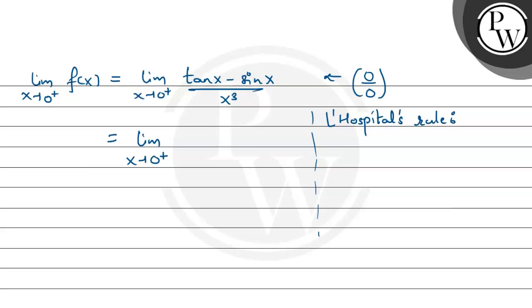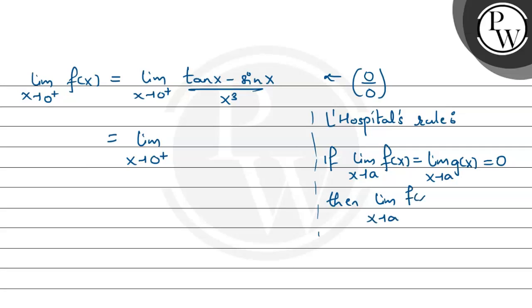L'Hopital's rule says that if limit as x goes to a point, say a, of f(x) is equal to limit as x goes to a of g(x) equal to 0, then limit as x goes to a of f(x) by g(x) will be equal to limit as x goes to a of f dash x divided by g dash x.